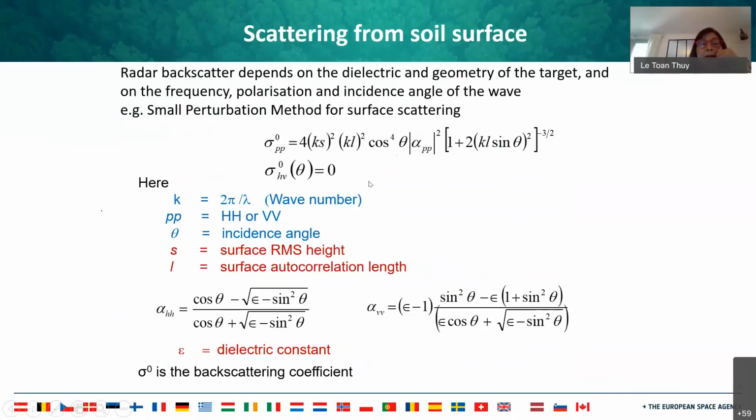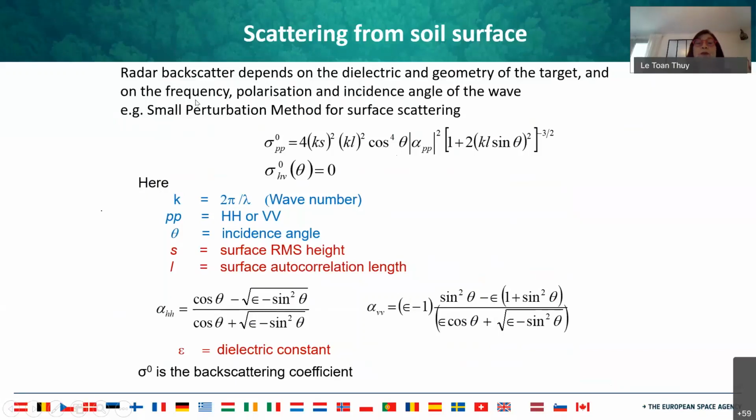We'll see later. K is the wave number, theta the incidence angle. S is the surface root mean square height, and L is the surface autocorrelation length. Alpha, HH or VV, is the Fresnel coefficient, related to the incidence angle and the dielectric constant of the medium, epsilon. And sigma 0 is the backscattering coefficient.